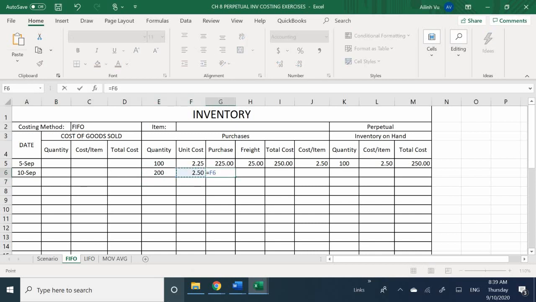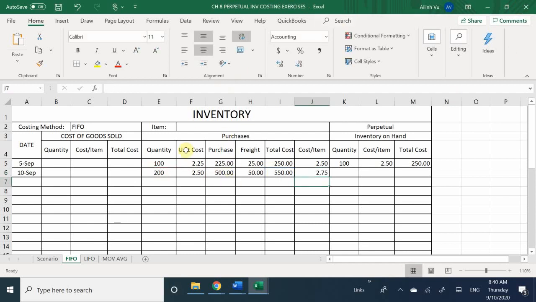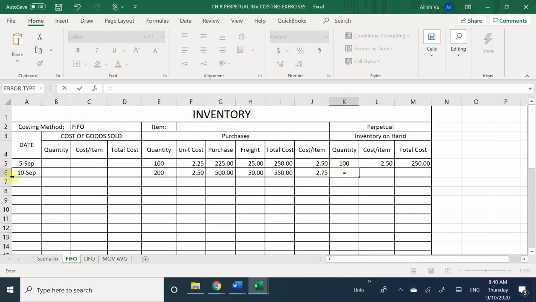So that gives us 500. Our freight was 50. So 550, and our cost per item is 275. Right? And we can go ahead and transfer this information over.